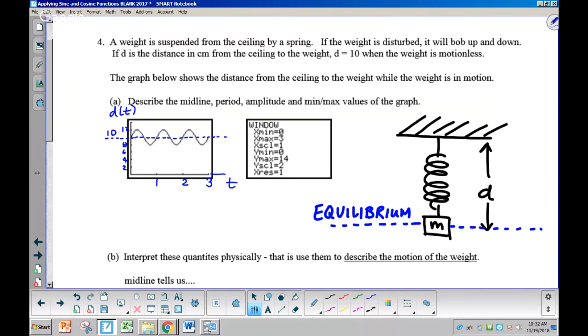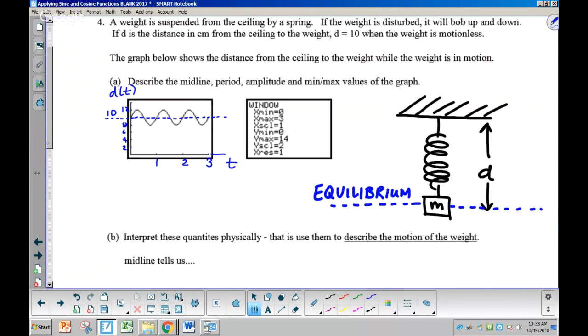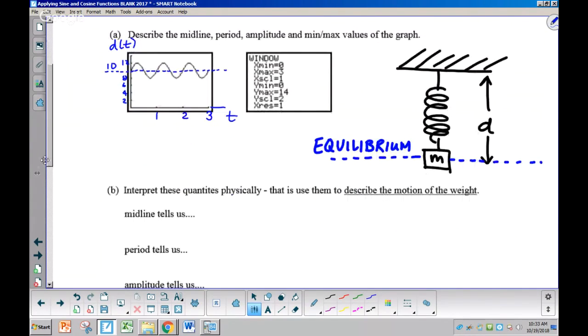So what did we do? We pulled it down first. Okay, so that's good to know. If this graph was upside down, that would mean I disturbed it by pushing it up first. So we're going to answer some questions here. The midline tells us what, just physically? Yes, where to be at equilibrium, the equilibrium point.